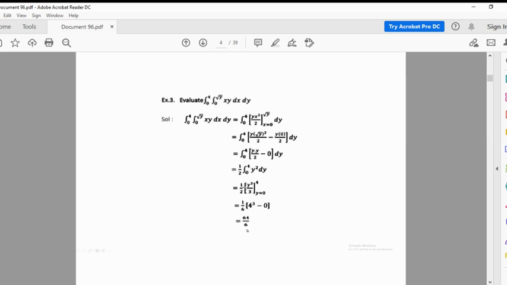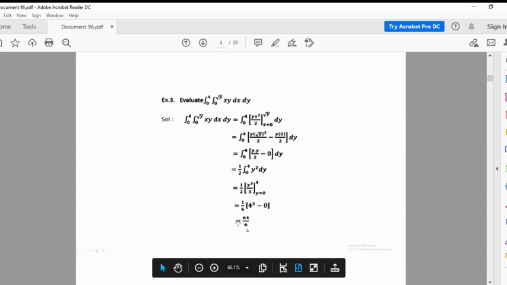So put the first limit, 4 cube, and then minus the second limit, 0 cube, that is nothing but 0. So 4 cube is 64 upon 6. So we get 64 upon 6.